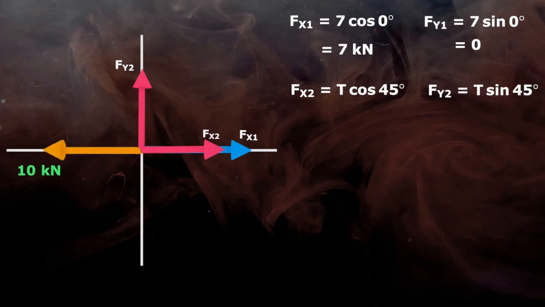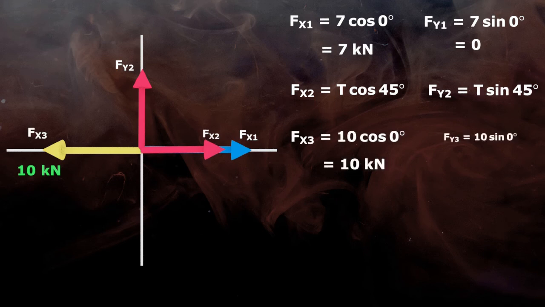Third force of 10 kN magnitude acts in horizontal direction along negative x-axis. So Fx3 will be 10 kN and Fy3 will be 0.